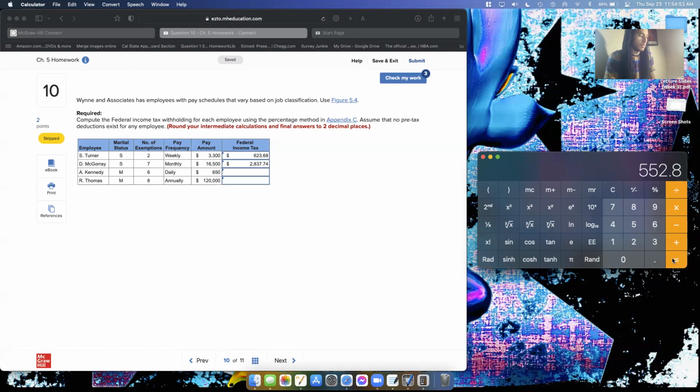If you go to table number 8 and go over to the married portion, you're going to see that the $552.80 that he's earning in taxable income on a daily basis lies in between $349 and $693.10 on table number 8 for the married people on page 405.